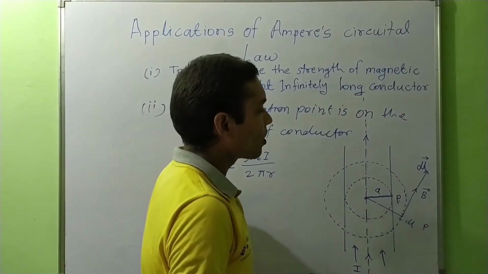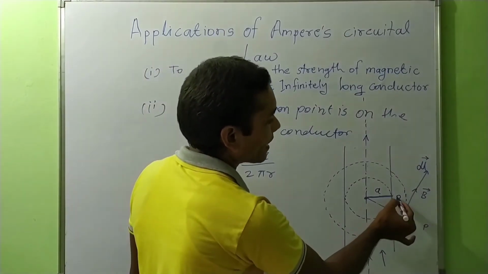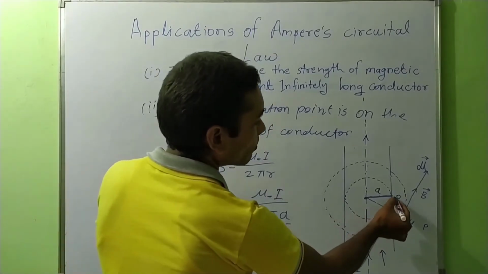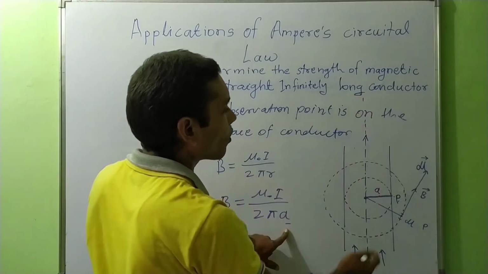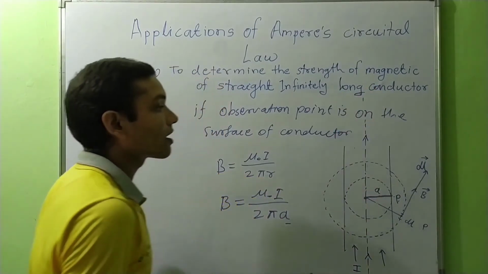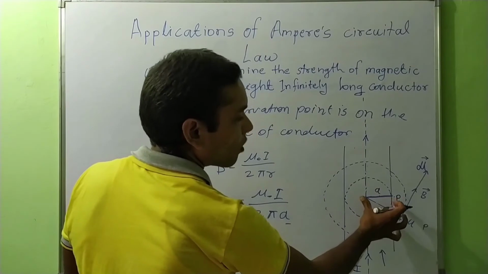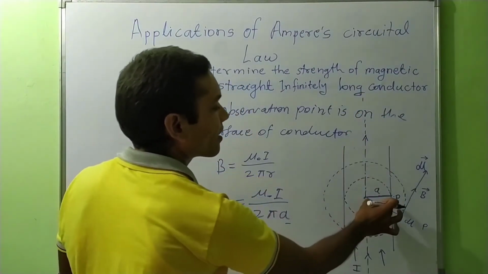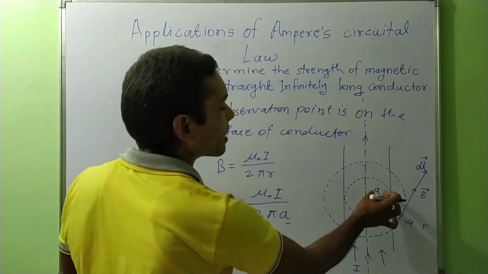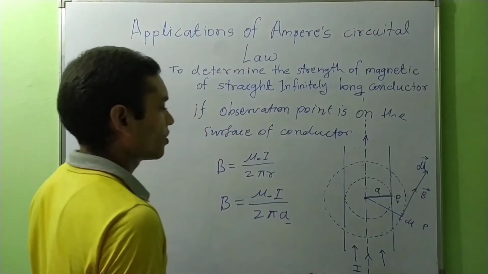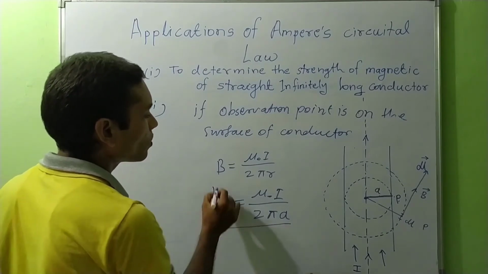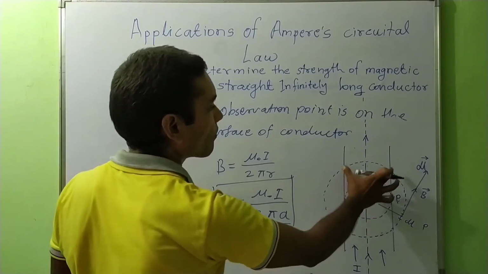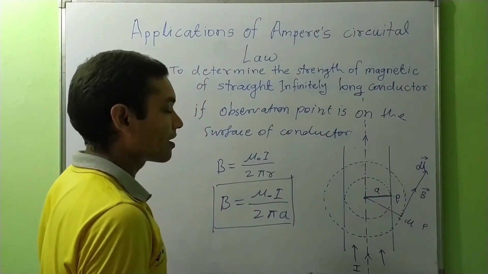So the magnitude of magnetic field at point P, where a is the distance of the observation point from the axis of this straight current carrying conductor, and this distance is equal to the radius of this conductor, will be B equal to mu naught I upon 2 pi a. This will be the magnitude of the magnetic field on the surface of the straight current carrying conductor.